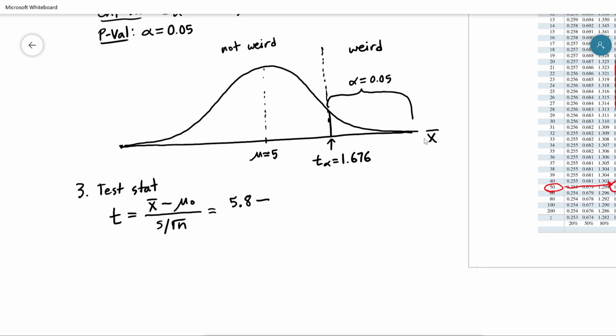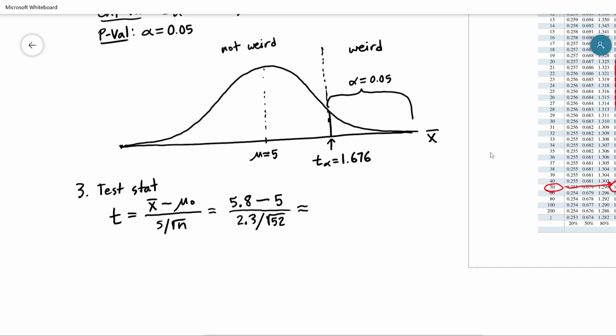The presumed number is only 5 because that's how many they made in their claim. So in our null hypothesis, we're assuming they really only make 5 dropped calls. How weird would it be to get 5.8 dropped calls if the true average is really only 5? And now we put in our standard error in the bottom. This was the 2.3. That was the standard deviation of the sample. And we divide by the square root of our sample size, which is 52.